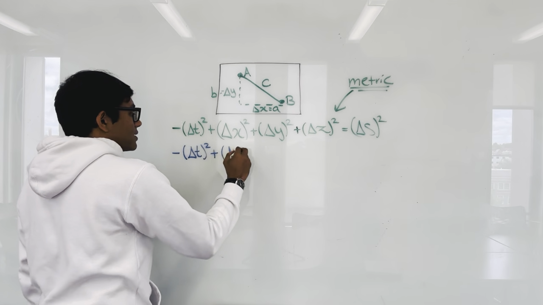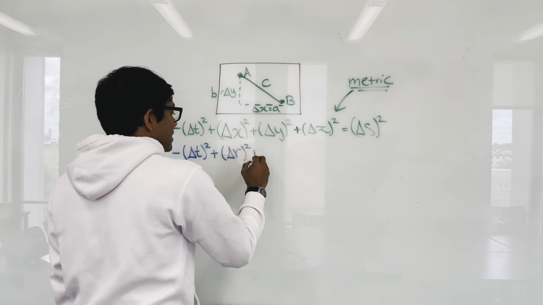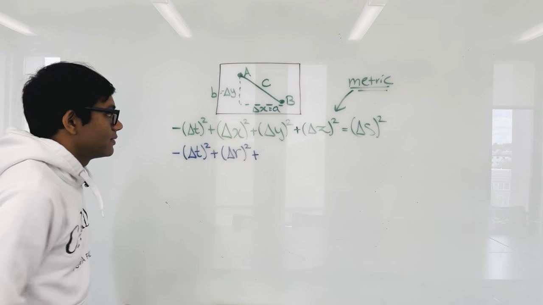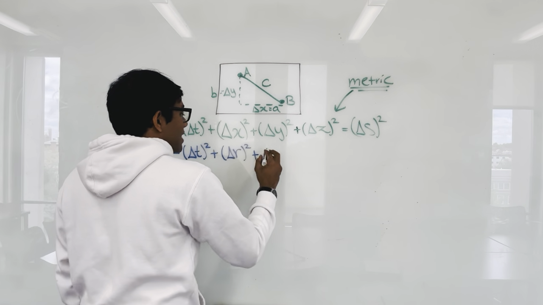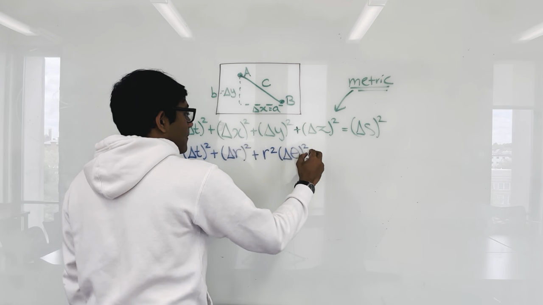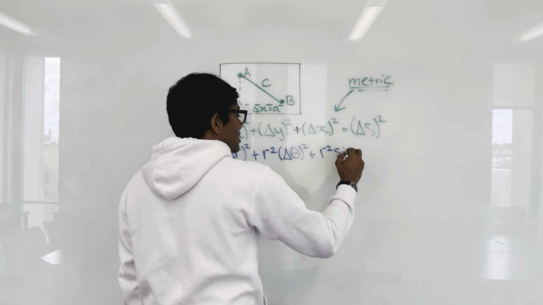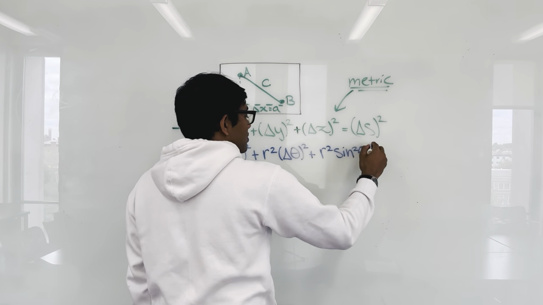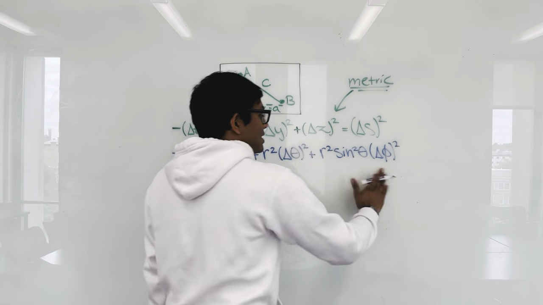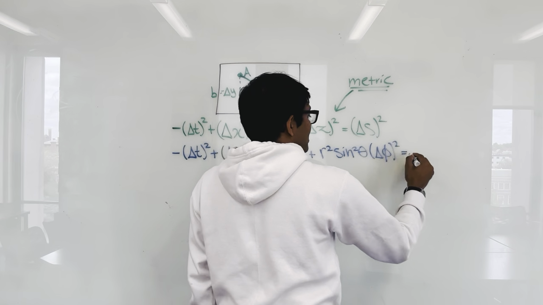That's a bit of a tricky idea to get your head around, but that's the idea. I replace delta x squared by delta r squared. Instead of y, I'm going to have theta, so r squared delta theta squared. And instead of z, I'm going to have phi, but I'll also have this coefficient out front, r squared sine squared theta, delta phi squared. And now you know where all of these bells and whistles, these r squared sine squared thetas, come from.